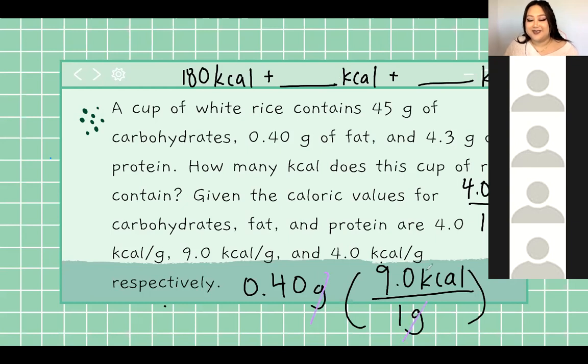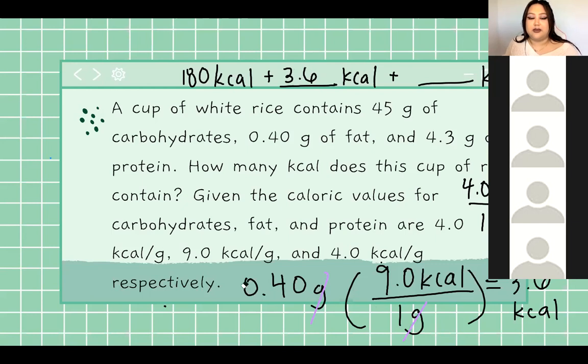These do cancel out, and that's why it's important to check if they cancel out. 0.40 times 9 is what? 3.6. Perfect. We're going to move this over here to the top.